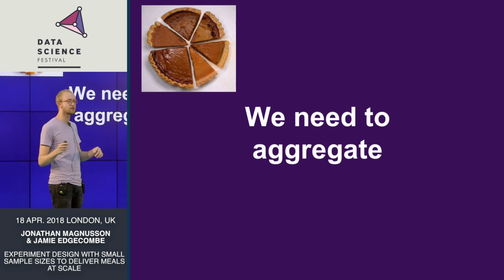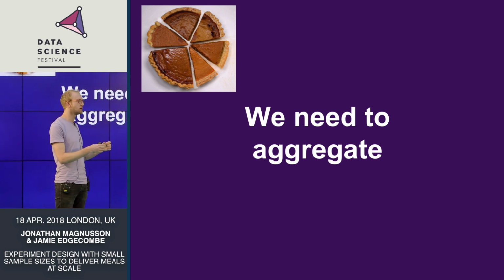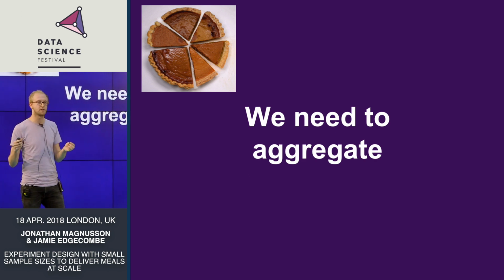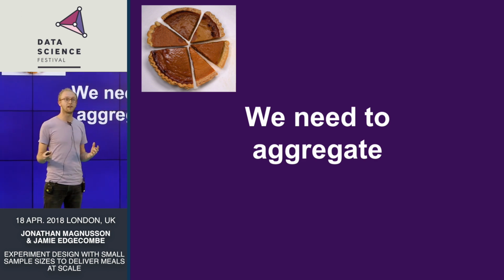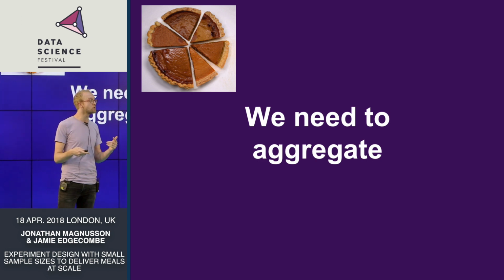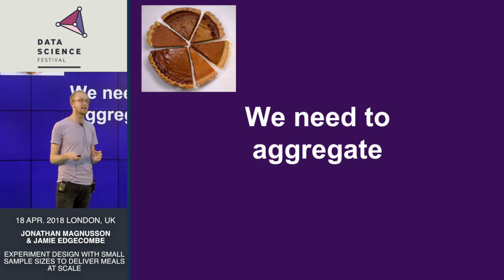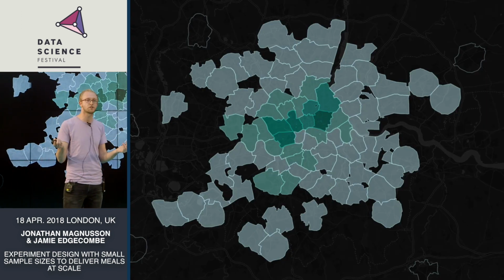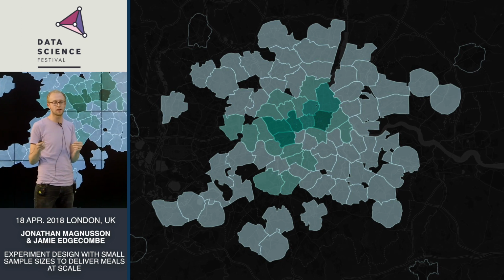And because all of these things are not really isolated to a specific rider or a specific order or a specific customer or a restaurant for that matter, we need to perform some level of aggregation. A usual aggregation level that we use here is the zone level. Here we have the zones across London, and zones are a Deliveroo-specific thing.